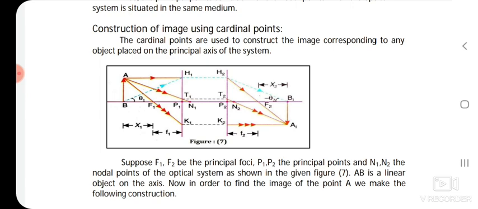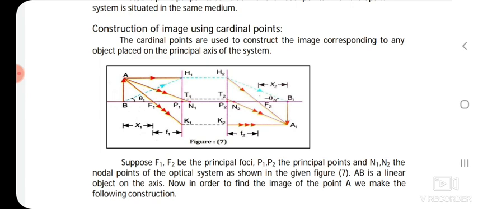Then thirdly, a third ray A N1 is drawn, which is directed towards the first nodal point N1. This ray passes after refraction from a point N2 in a direction parallel to AN1.